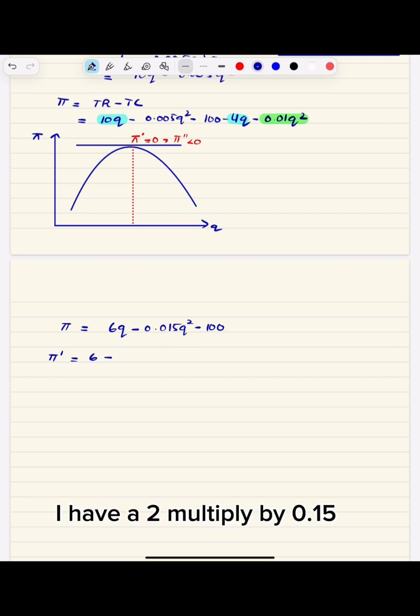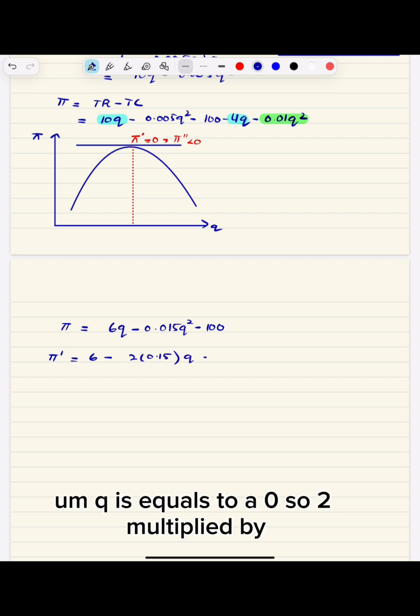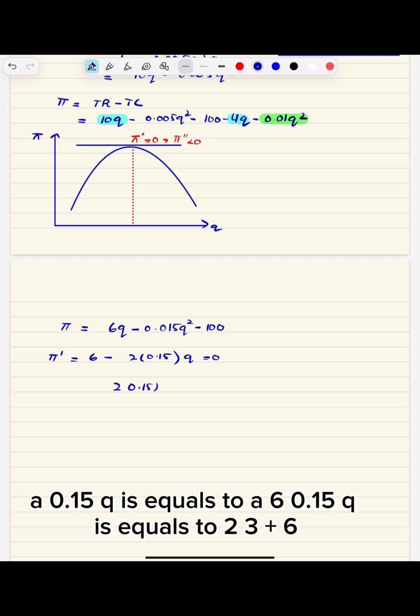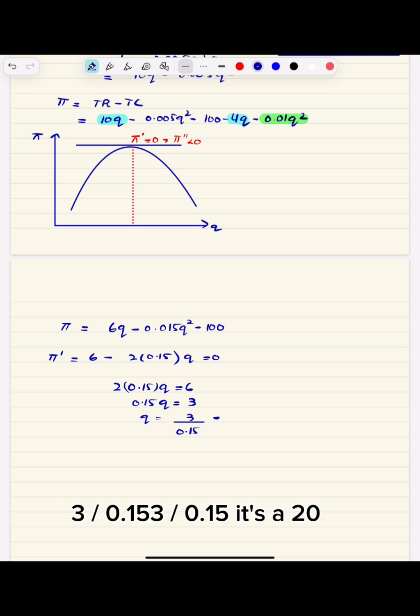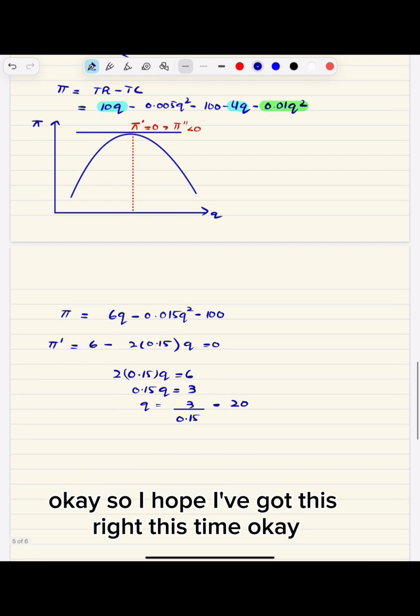So I'll have 2 multiplied by 0.015Q equal to 0. So 2 multiplied by 0.015Q is equal to 6. 0.15Q is equal to, 2 threes are 6. So therefore we have 3 over 0.15, and 3 divided by 0.15 is 20. Okay, so I hope I got this right this time.